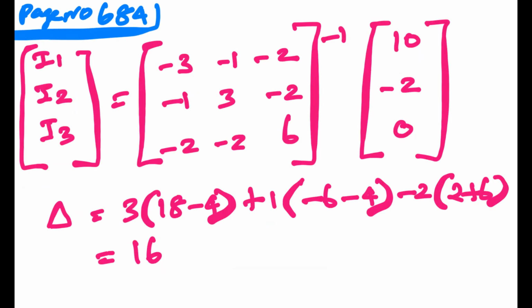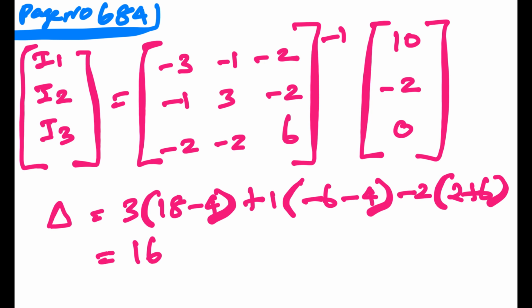Use the matrix function to obtain I1, I2, I3. First find the inverse matrix from the determinant value and cofactor matrix, then multiply by the voltage matrix.